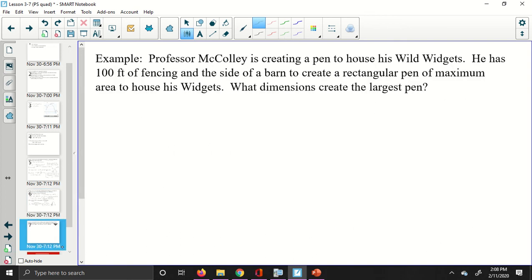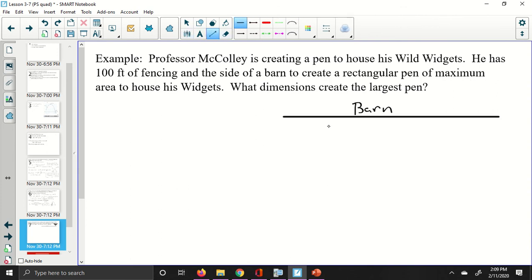All right, Professor McCulley is creating a pen to house his wild widgets. He has 100 feet of fencing and a side of a barn to create a rectangular pen area to house his widgets. What dimensions create the largest pen? And so I have a barn face, and then I am going to create my pen like that out of 3 sides.